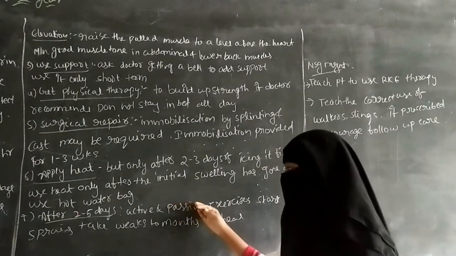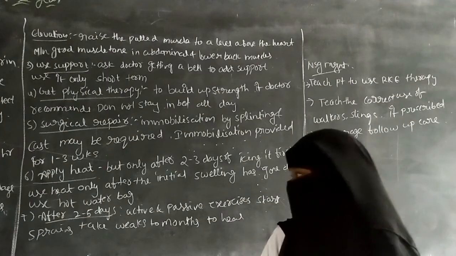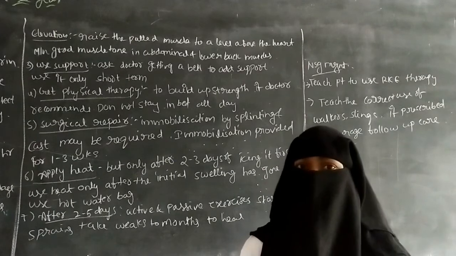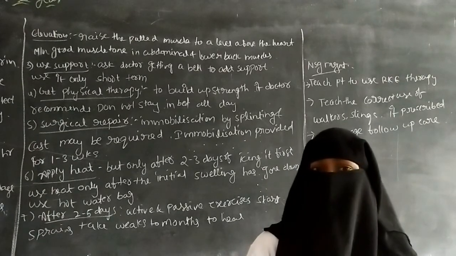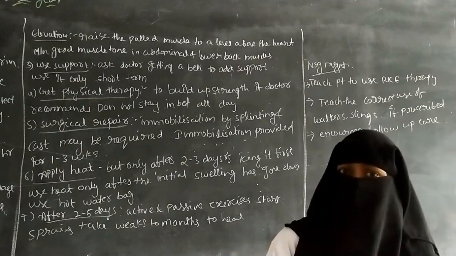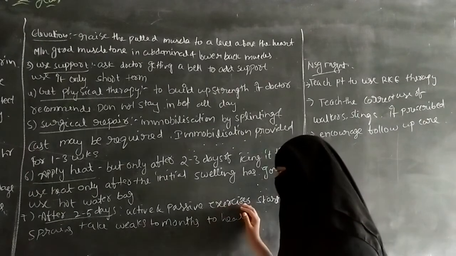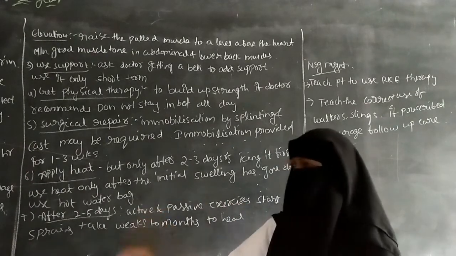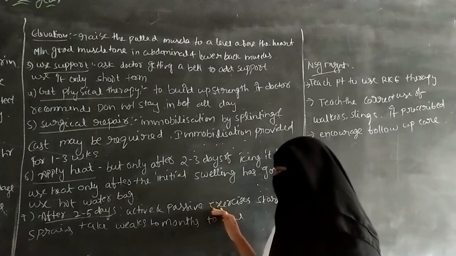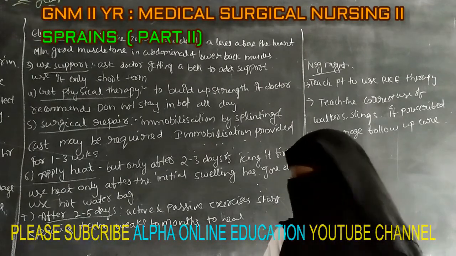Active exercise means the individual does the exercise by himself, and passive exercise means the exercise is done with the help of other members, such as the nurse or caregivers.